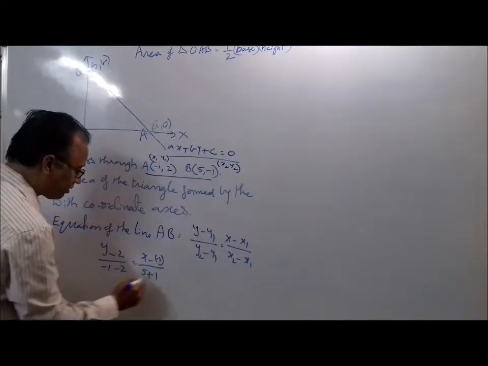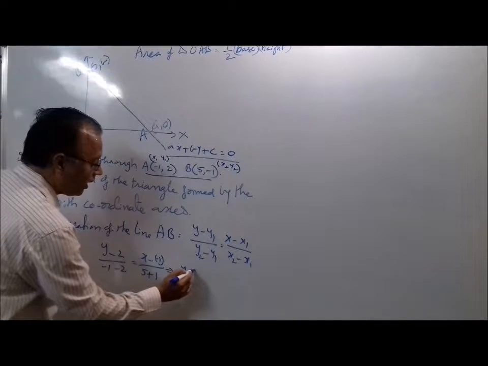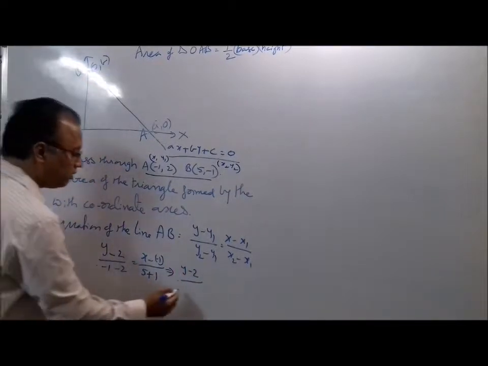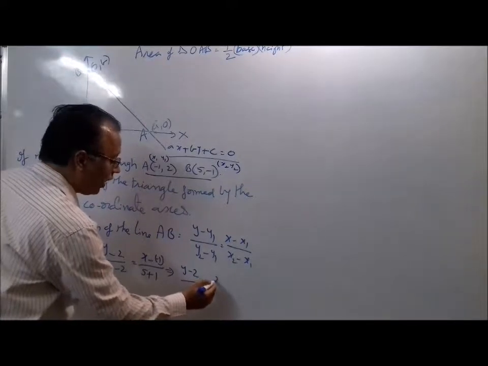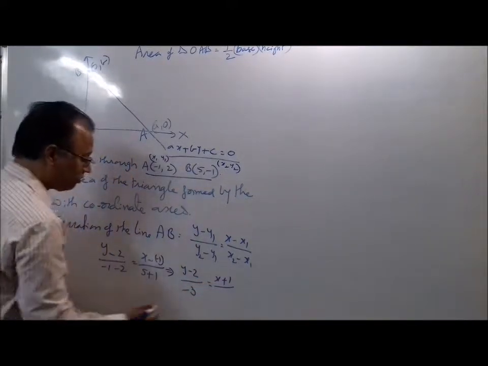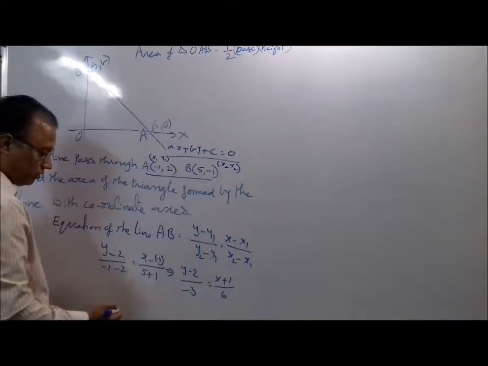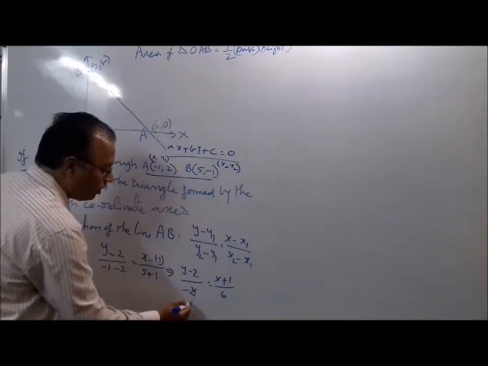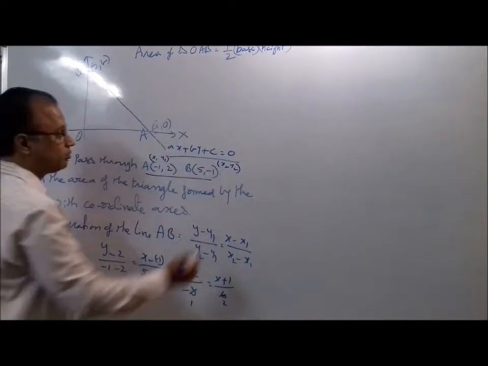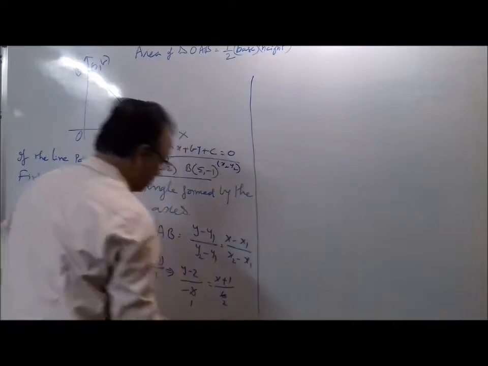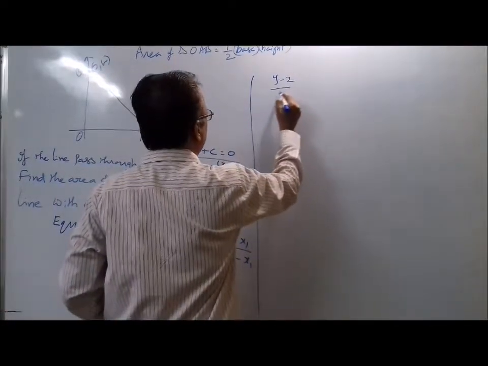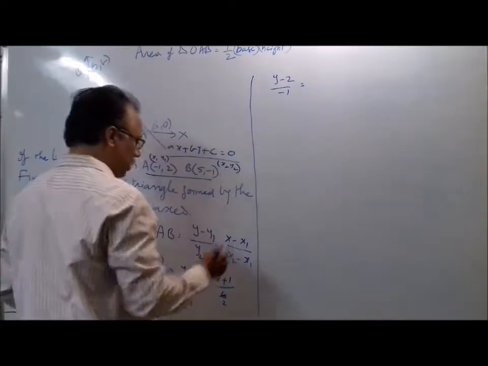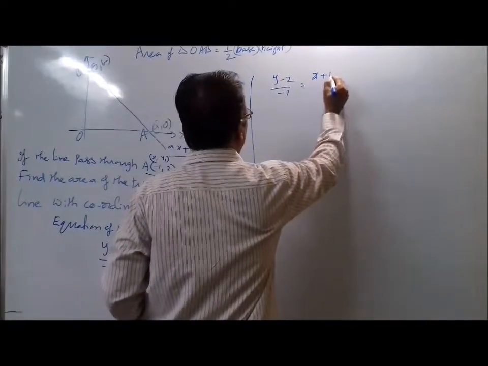So now the equation becomes y minus 2 by minus 3 is equal to x plus 1 by 6. So here 3 ones are 3, 3 twos are 6. So y minus 2 by minus 1 is equal to x plus 1 by 2.